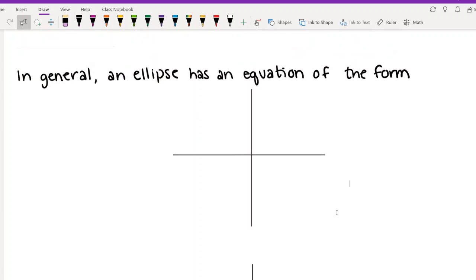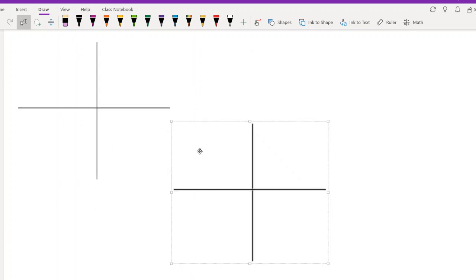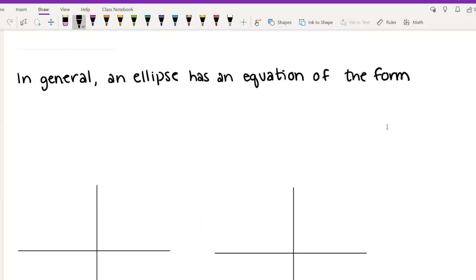Sorry about that. Okay, so an equation of the form x squared over a squared plus y squared over b squared is equal to 1.